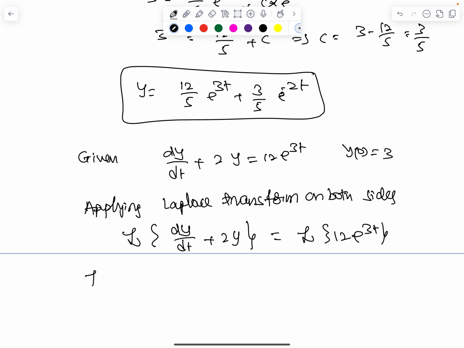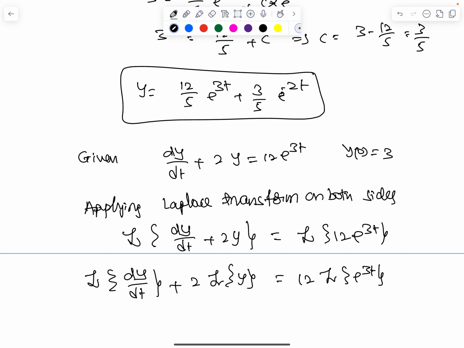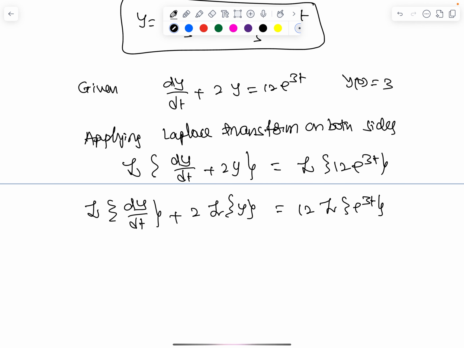Now, using the linearity property, the Laplace transform of dy by dt plus 2 times the Laplace transform of y is equal to 12 into the Laplace transform of e power 3t. Now, what is the Laplace transform of dy by dt? It is s into Y of s minus y of 0, plus 2 into Y of s.